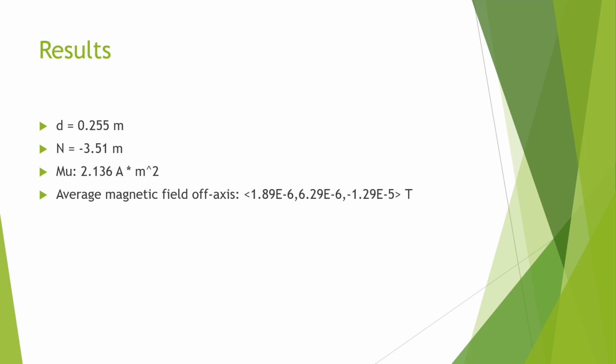The results from all of this was that d was equal to 0.255 meters, n was equal to negative 3.51, mu was equal to 2.136, and the average magnetic field off-axis was the 3-dimensional vector listed there.